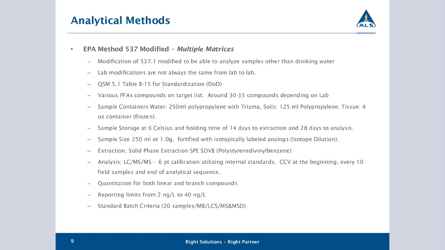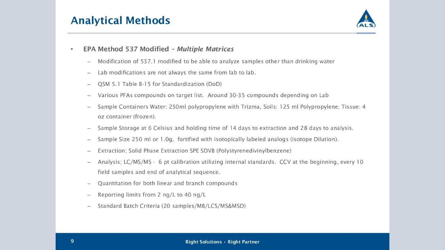So what the DoD did is they came out in QSM 5.1 with a table B15. And what it did is it didn't standardize the methods, but it standardized criteria that needed to be met to be DoD certified for 537 modified.